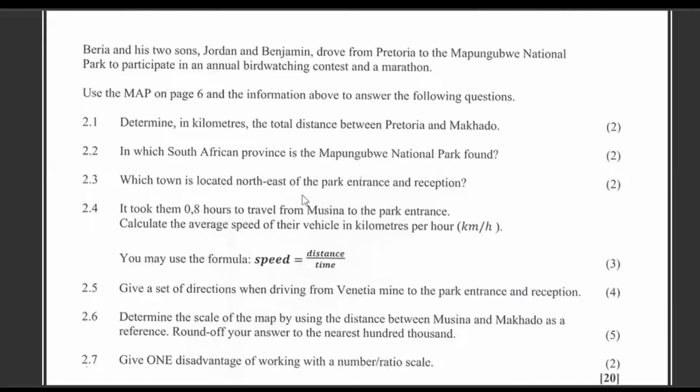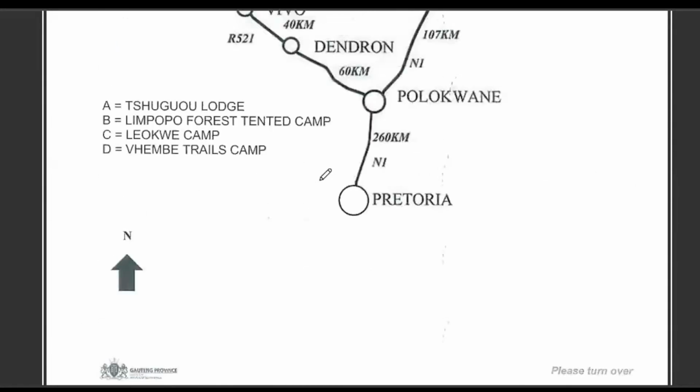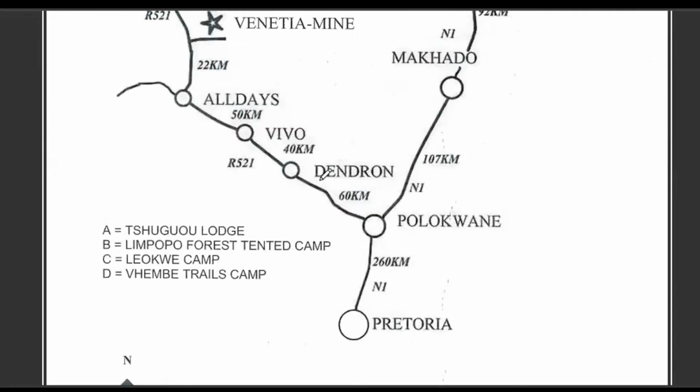Determine in kilometers the total distance between Pretoria and Mahodu. So here you're supposed to come here. Check, this is Pretoria. So Pretoria to Polokwane, you're supposed to take that. Plus, then from Polokwane, you need to go to this side, which is what? 107.